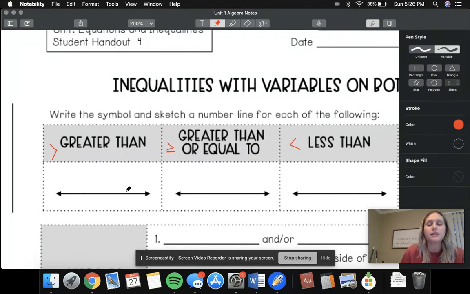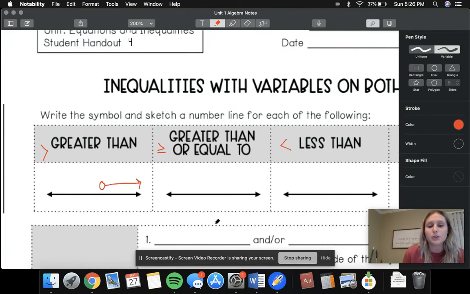Now, when we graph on a number line, the greater than symbol, we're saying that the first thing is bigger, but it could not be that number. So we use an open dot because it's not equal to that value, and it is going to be greater than, so we shade to the right for greater.